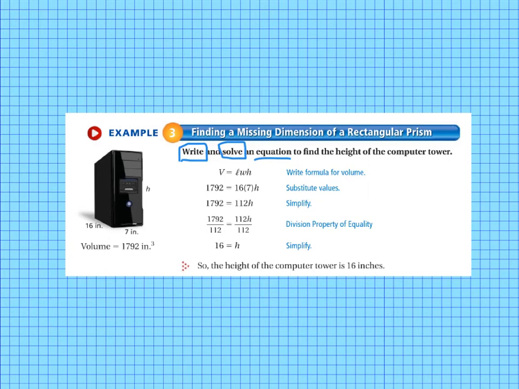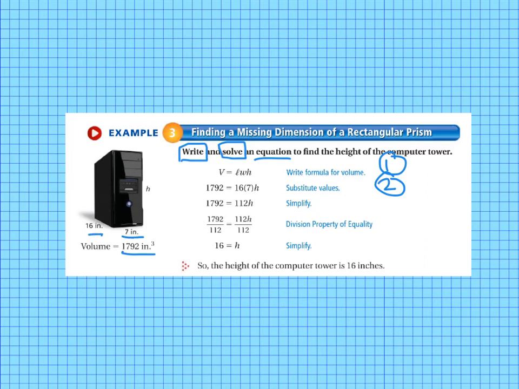So your first step is to write the volume formula. Volume equals length times width times height. And your second step is to substitute the values that you have. So you have the volume. It tells you the volume. And you also have the length and you have the width.